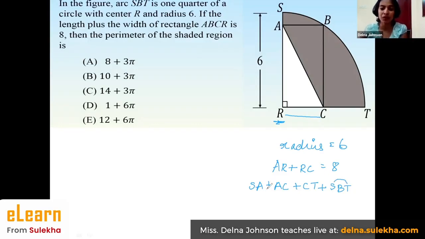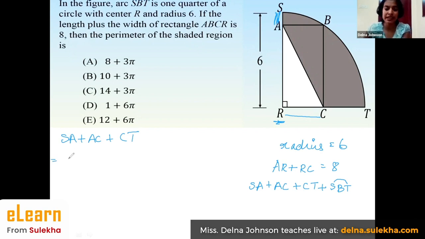Okay, here we know the length of SR, which is 6, right? And then we know the radius RT, which is again the radius of the circle, again 6. But over here, what you need to find is SA. We don't know the measurement of SA. So basically what you're going to do is take SR and subtract AR.